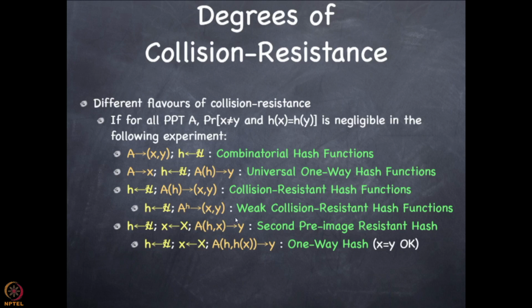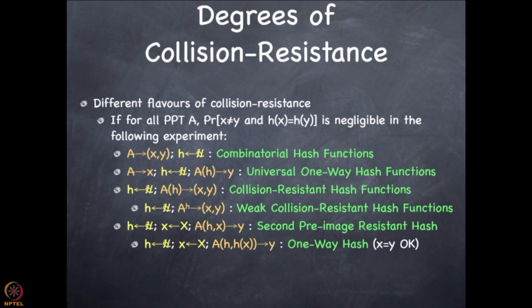And the last version is similar, but we don't show the adversary x itself. We only show it h of x. So there we are saying, look, it's basically a one-way function. We picked a function. It so happens that here the function is also sampled randomly from a family, and then we gave h of x, on a random x, to the adversary and asked it to find some pre-image.